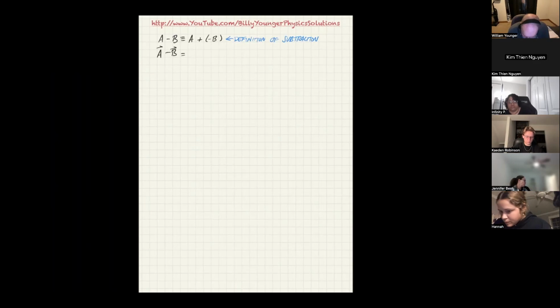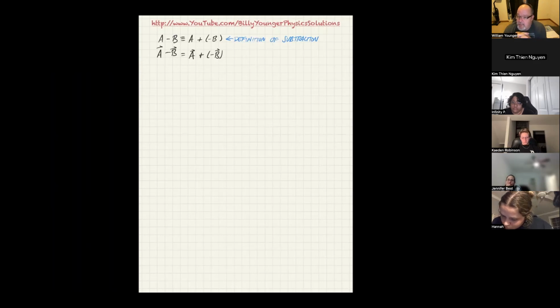So if we wanted to subtract 2 vectors, we take A minus B and say that's going to be equal to the sum of A and the opposite of B. Now, that gets us into multiplying scalars by vectors. If you multiply a scalar by a vector, there's sort of 4 options.